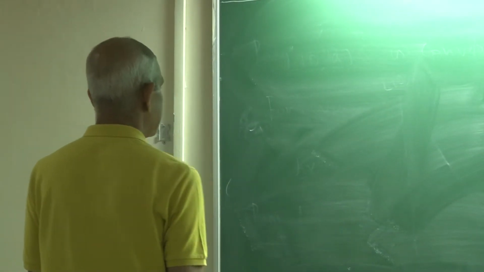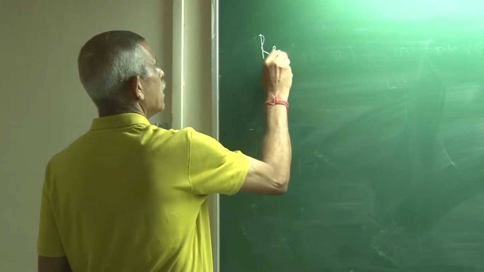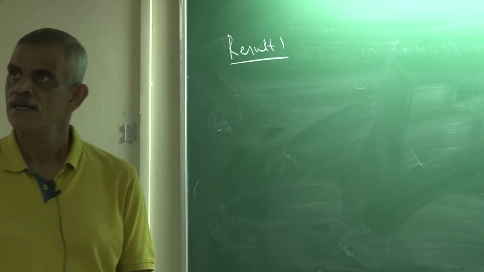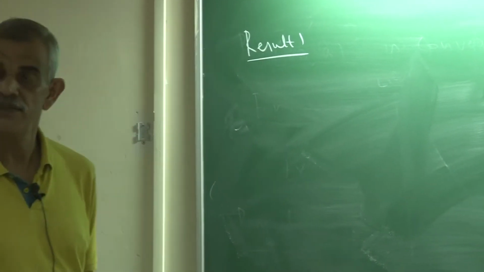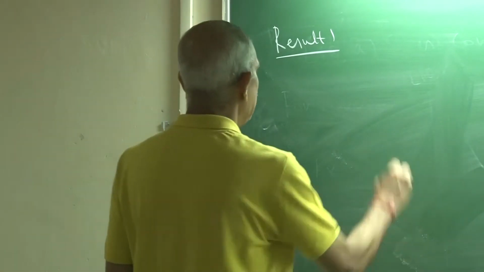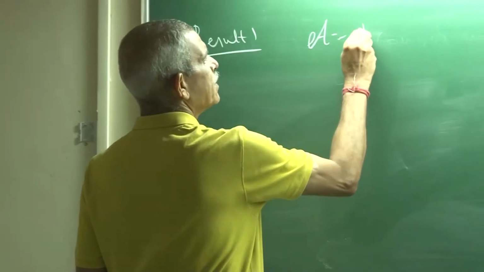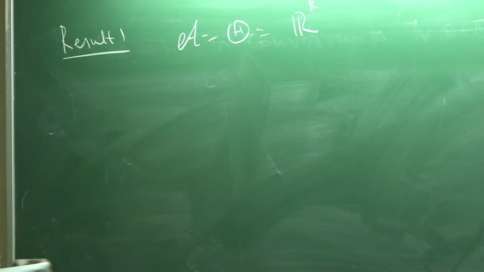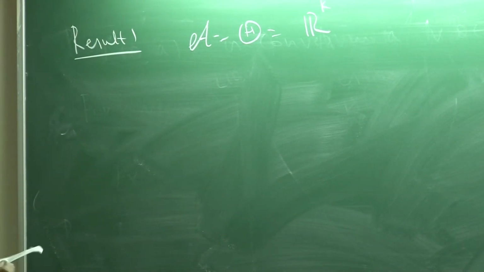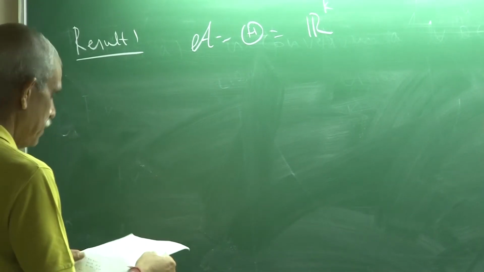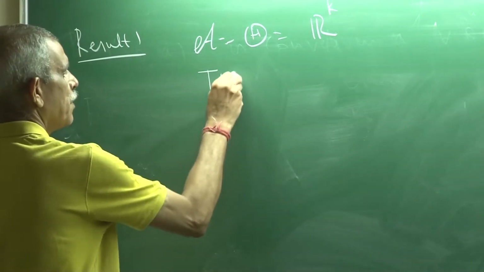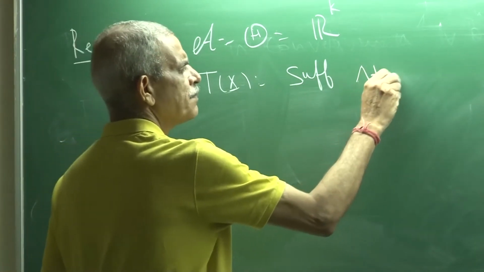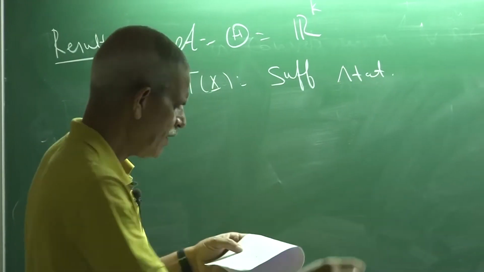So the first result which we are doing over here is: suppose my sample space is the same as the parameter space, which is the whole of Rk. T of X is a sufficient statistic for theta.